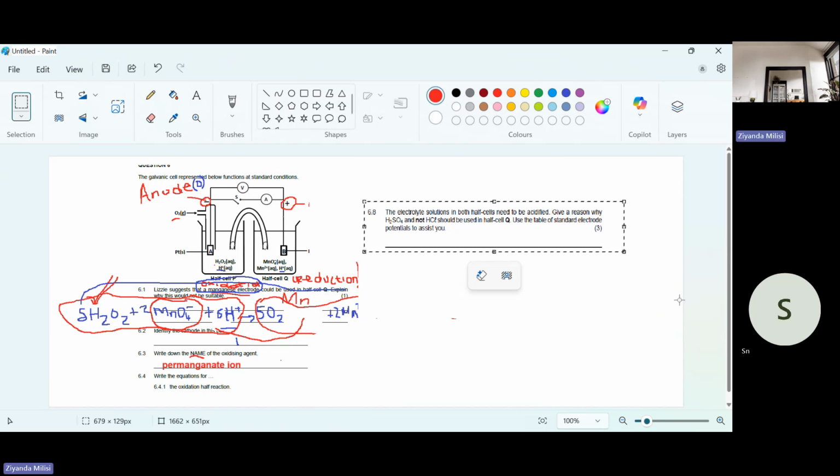Okay, let's go now to our table that has got H2SO4 and HCl. Start looking at your table, this table of standard reduction potentials for these half reactions.